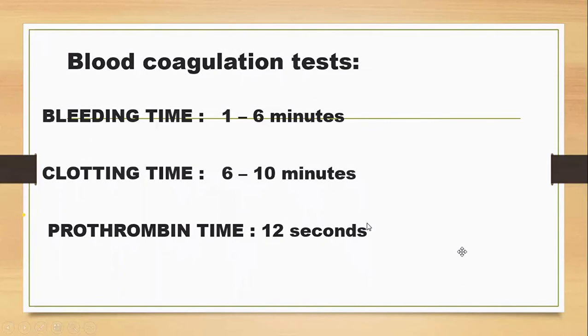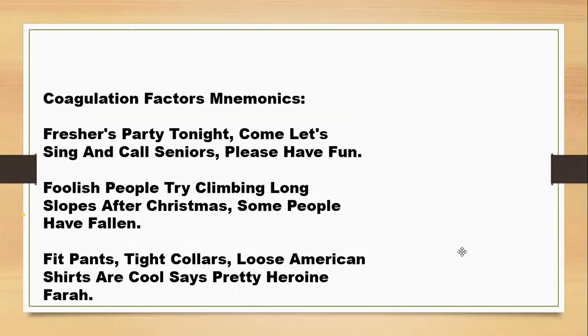And if we had the face-to-face mode, we would do exercises on the bleeding, the clotting, and the pro time. So these are just the normal values. Just keep this and next.